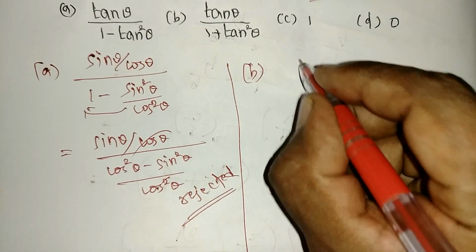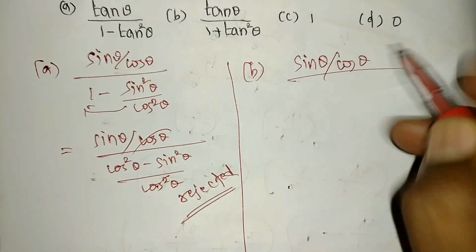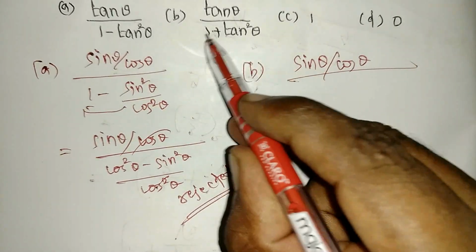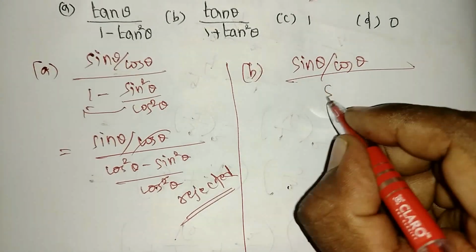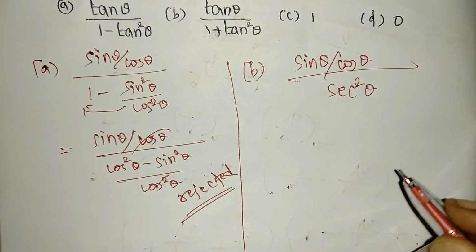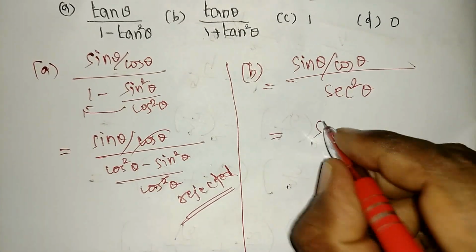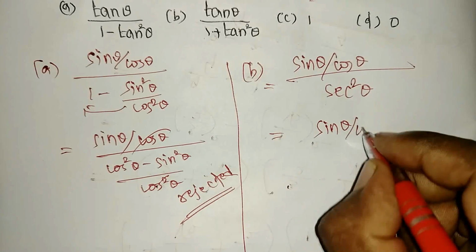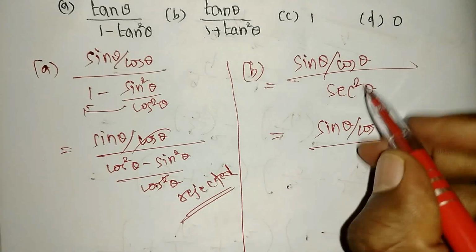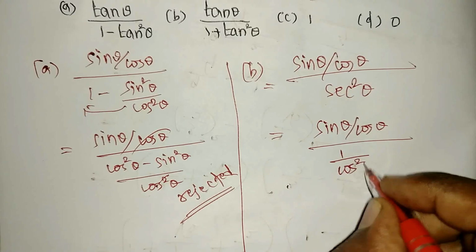So tan theta, we know very well that is sin theta divided by cos theta, whole divided by. Plus is there here. 1 plus secant square, we know very well, that is 1 plus tan square, which we know is secant square theta. The identity we have used here. So sin theta divided by cos theta, whole divided by the secant square, we can write as 1 by cos square theta.